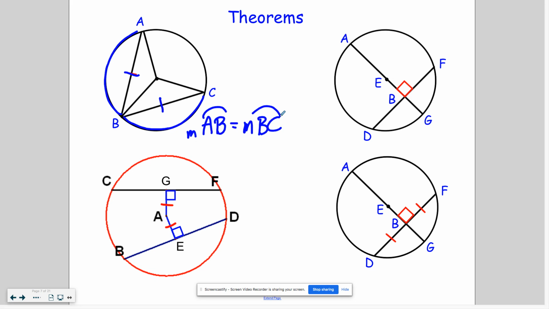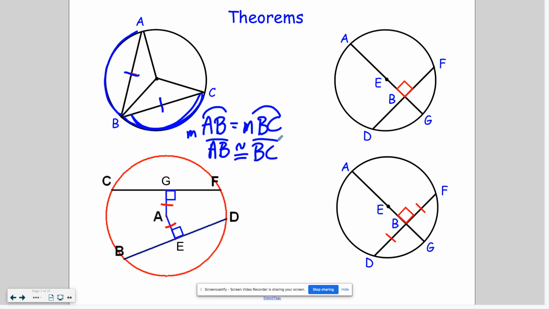When we say arc, we're talking about the outside, right? If I say AB is congruent to BC like this, now I'm talking about the chords themselves. So just differentiate between the chord and the arc notation.